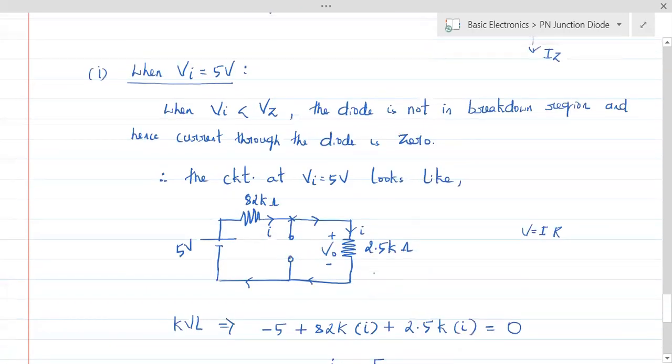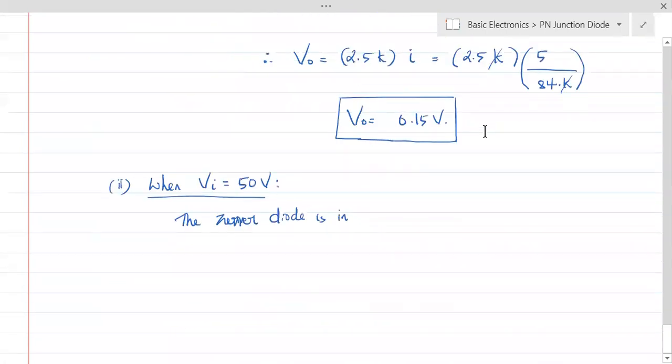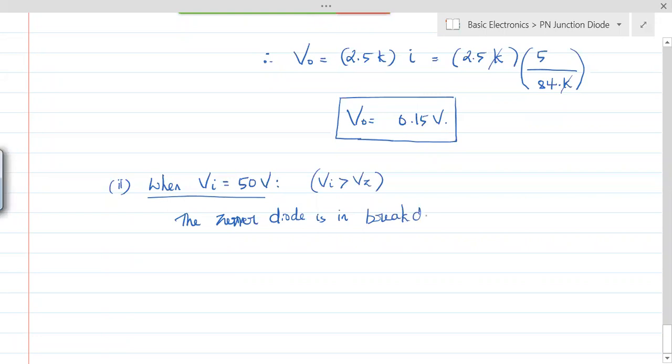When Vi is 50 volts, what is the Zener diode condition? It is in breakdown condition. Fine. So we should say when Vi is greater than Vz, the diode is in breakdown condition, and this is the operating region of the Zener diode.